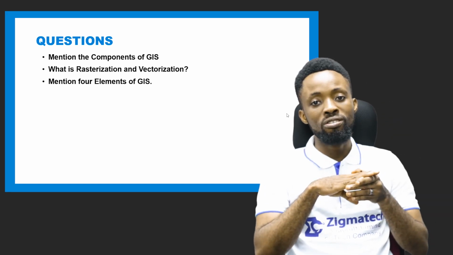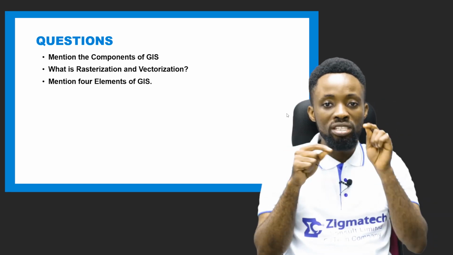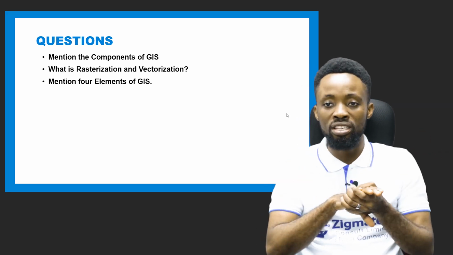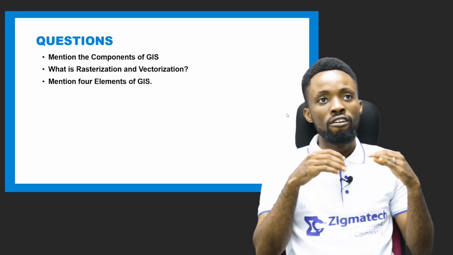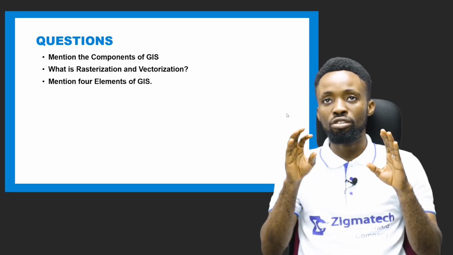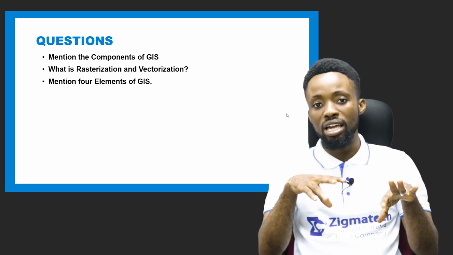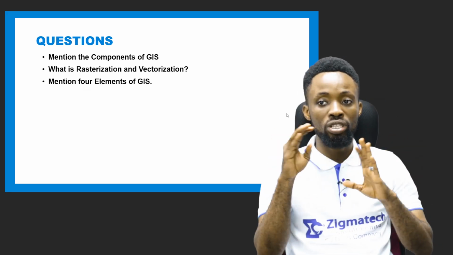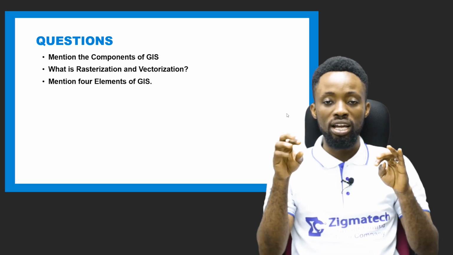So we call it rasterization. Or you can simply see it as the rasterizing of a vector data to get a raster data. Now, what is vectorization? Vectorization has to do with the transformation of a raster line to a vector line, or transformation of raster data to a vector data. Is that clear?